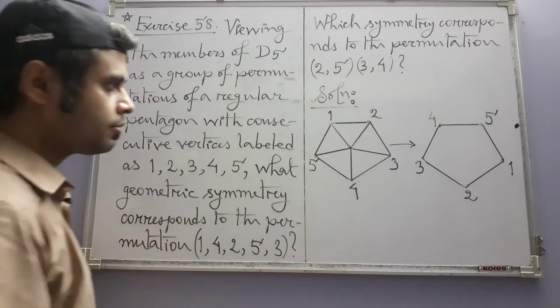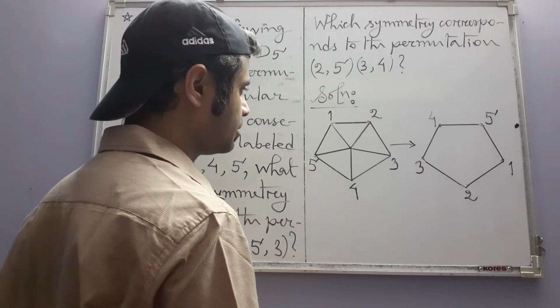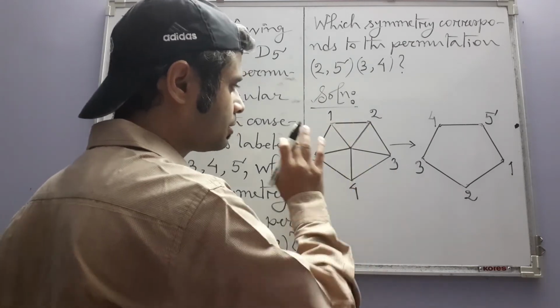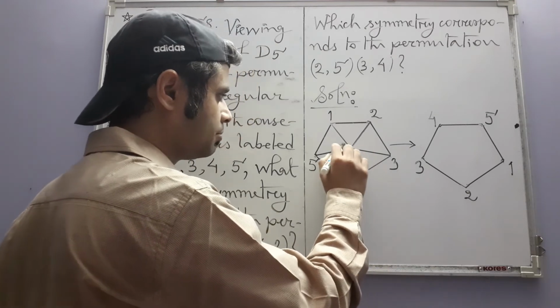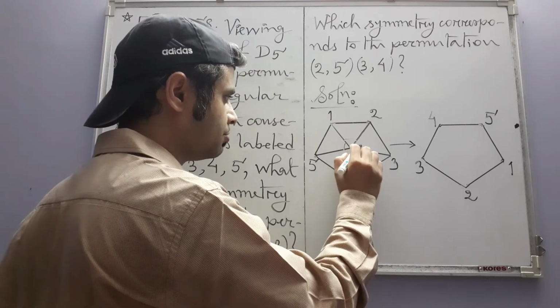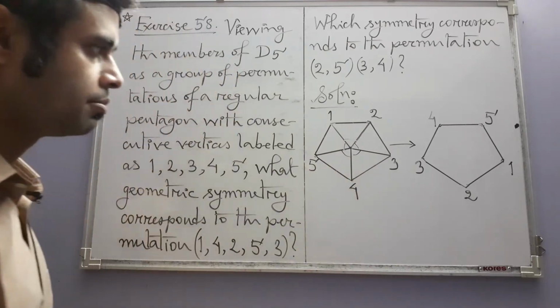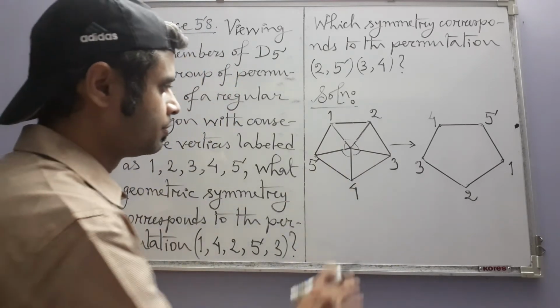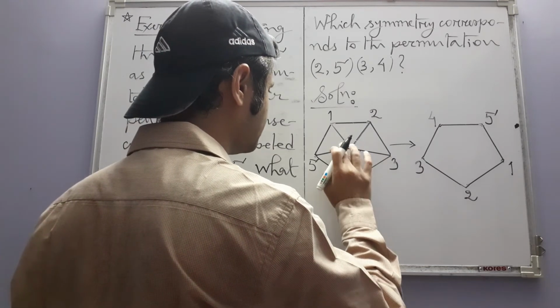Anyway, so we can join the vertices like this. Now, because our pentagon is regular, all these angles are equal. Each individual angle has the same measure, and that measure is 72 degrees.